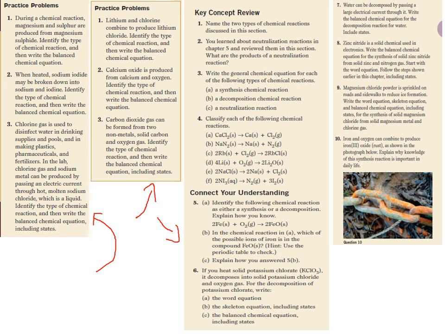You should be able to predict certain products based on the ones that we focused on in this presentation, certain types of synthesis, certain types of decomposition. And for the ones I didn't really expect you to predict, you should still be able to explain why they are synthesis or decomposition. And for combustion, you should be able to write down the products and reactants of both the complete and the incomplete type of combustion, as well as provide certain characteristics of how you could figure out if something was a complete or incomplete combustion.